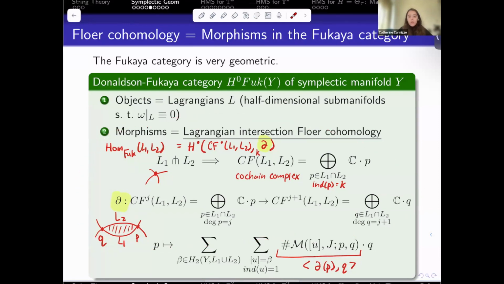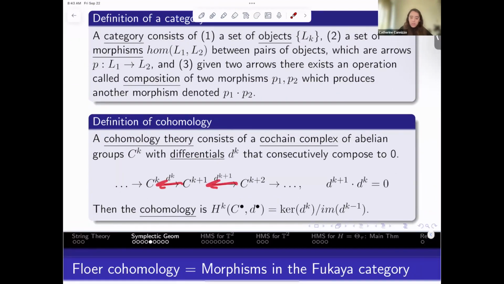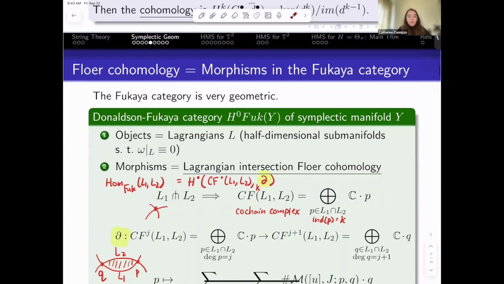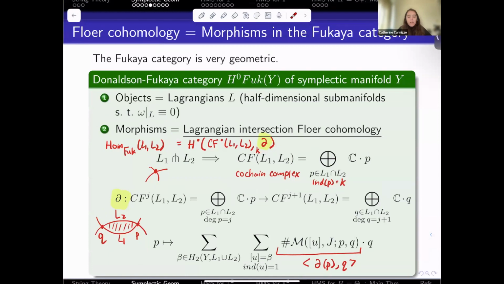I say cohomology because the differential increases the degree by 1, and homology would go in the other direction, decreasing the degree. You're right, cohomology is generally the dual of a homology theory. Here it's not obvious what homology theory it's the dual of. That's an active area of research.